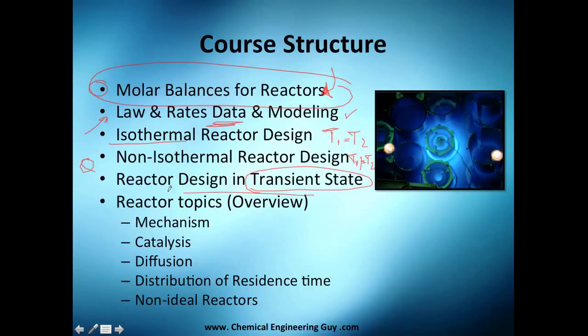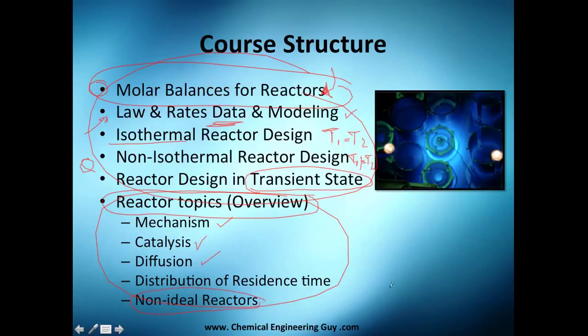And then I like this part right here because it's only an overview, so you understand or at least know that it exists, how it works, but we're not going to go that in-depth. So I would say half of the book is this part here, the other half is this part here, but we're just going to see a small overview of mechanisms, how catalysis works, reactors that use catalysts, diffusion, how diffusion affects things, the distribution of residence times of different reactors, and what happens when you have non-idealities.